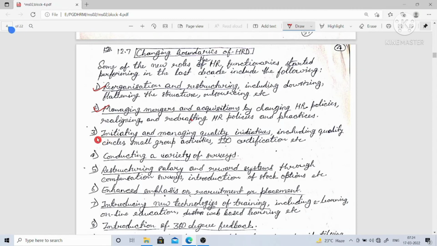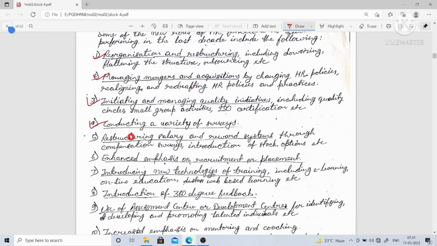Third given, initiating and managing quality initiatives. So nowadays the human resource department initiates and manages quality initiatives, including quality circles, small group activities, ISO certification, etc. Fourth, here given, conducting a variety of surveys.